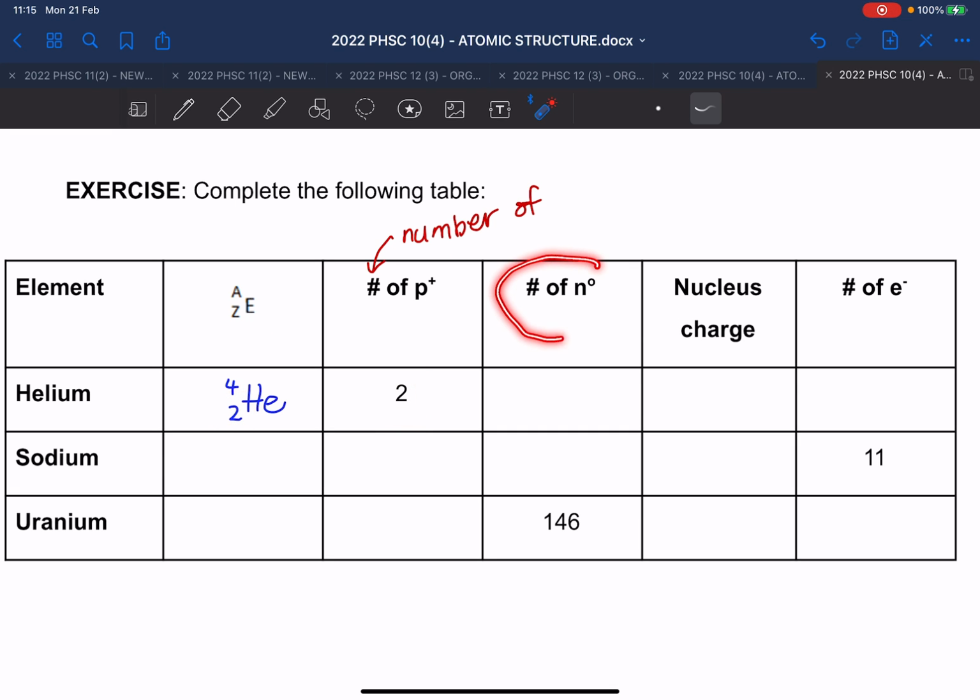How many neutrons will it have? How do we calculate the number of neutrons again? Do I really speak so softly that you can't hear me at the back? To me, I'm screaming. We wrote it down on the previous page.